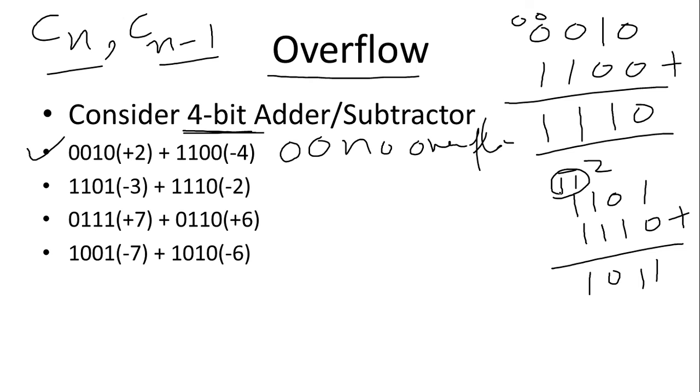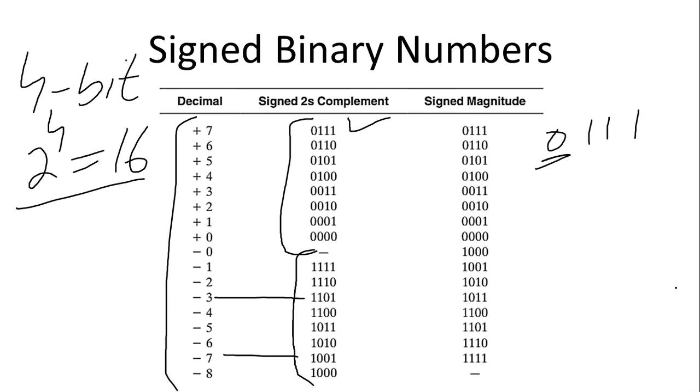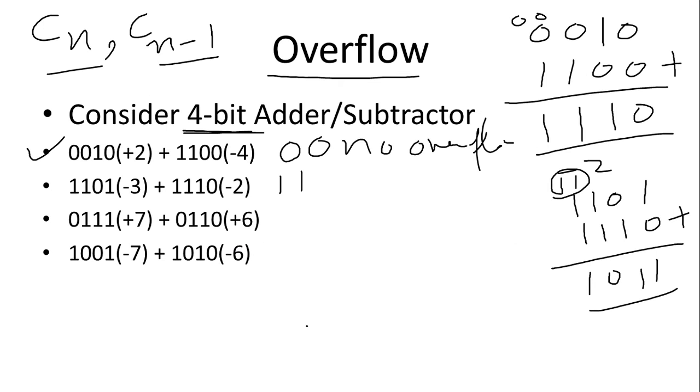So the last carry is 1 and the second last carry is also 1, and the answer is 1011. Let's verify whether it's minus 5 or not. Minus 5 is, see here, 1011, which is correct. So again, no overflow.